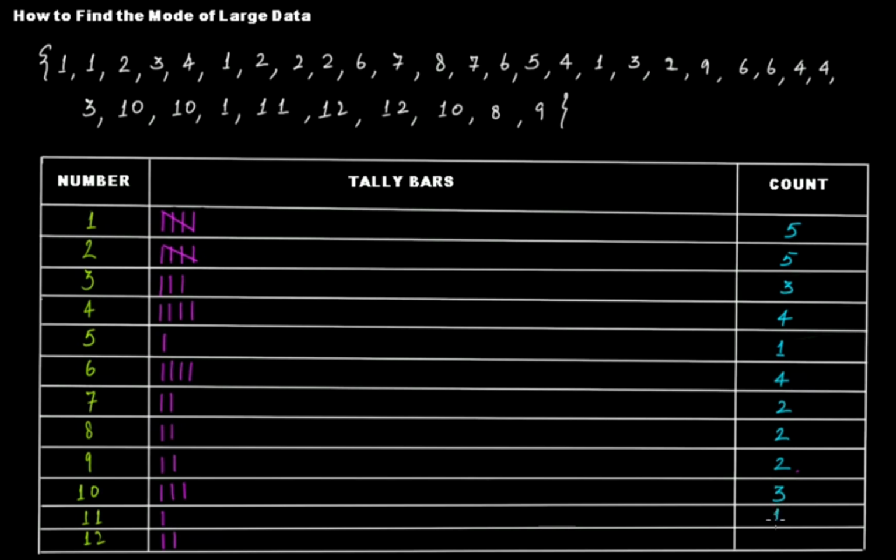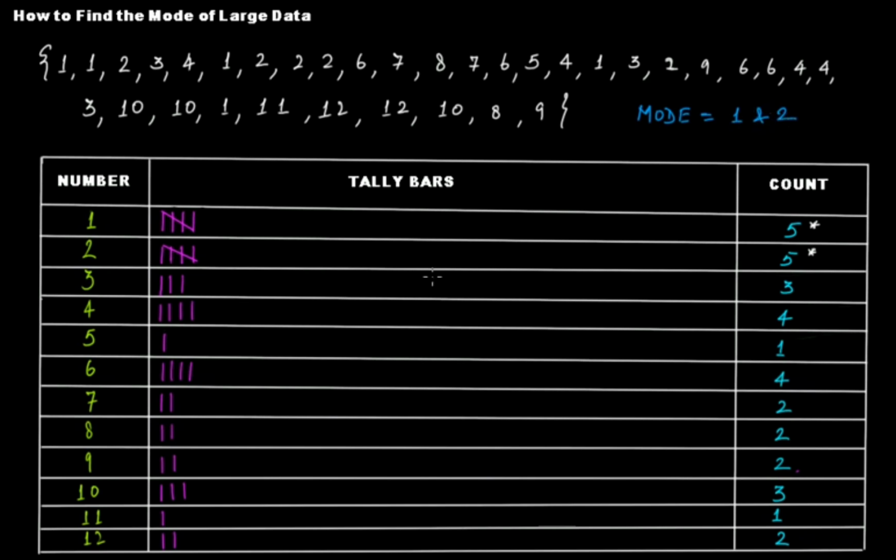This is 1. And this is 2. So clearly, here we have 2 counts of 5. One is for the number 1 and one is for the number 2. Therefore, if you have to tell the mode of this given data set, that will be 1 and 2.